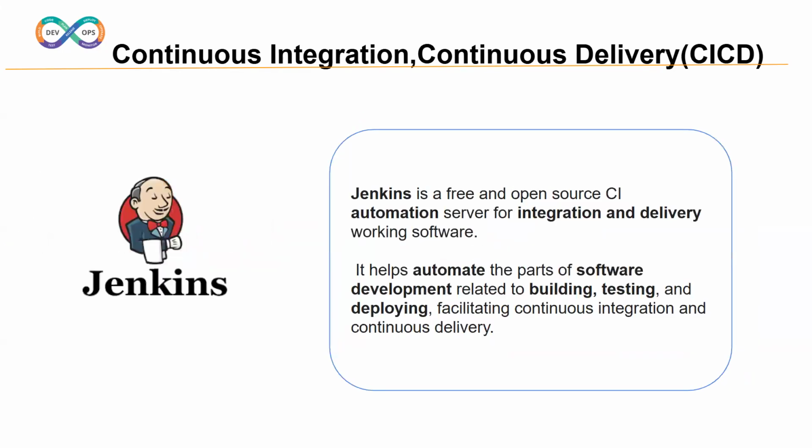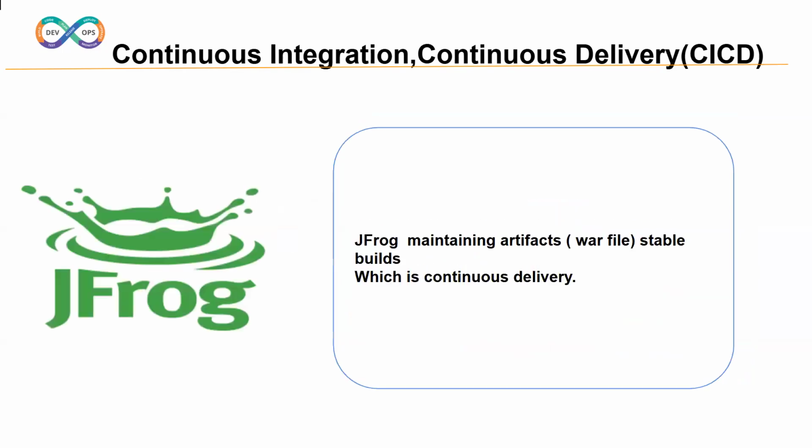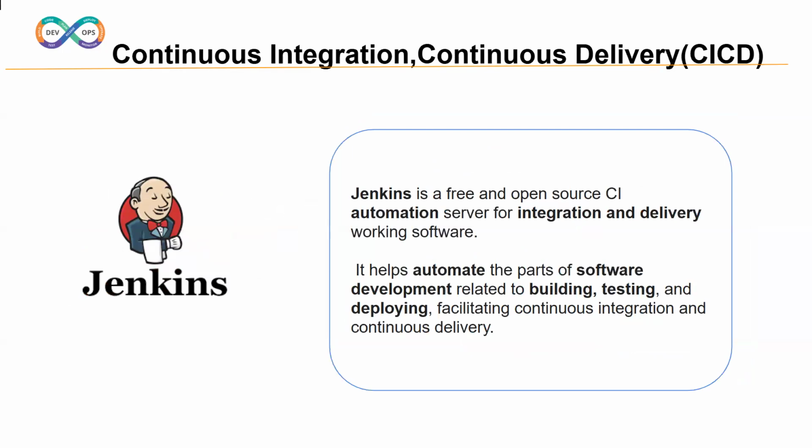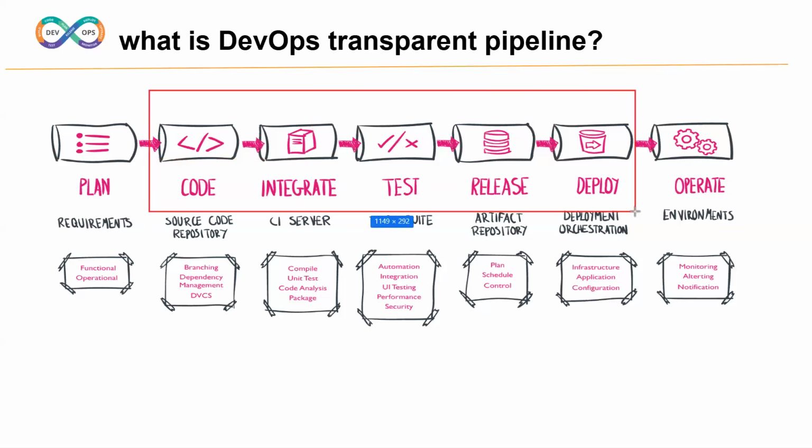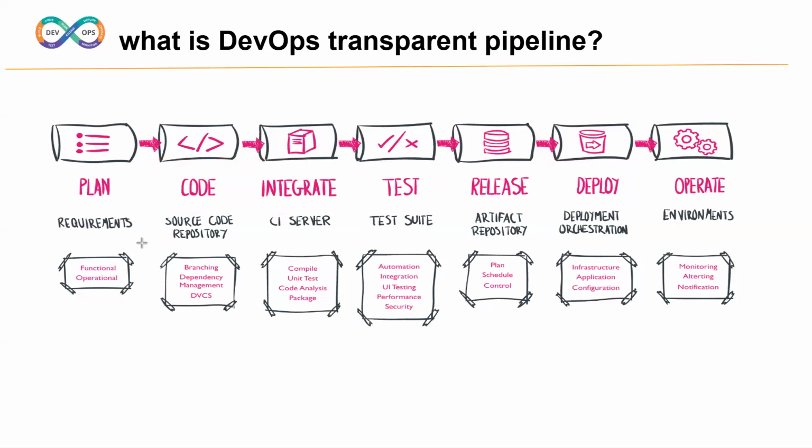On top of these two, we can implement an automated process. Jenkins is a CI/CD tool. Continuous integration, making working software, and continuous delivery, this entire automation process is done by Jenkins itself.